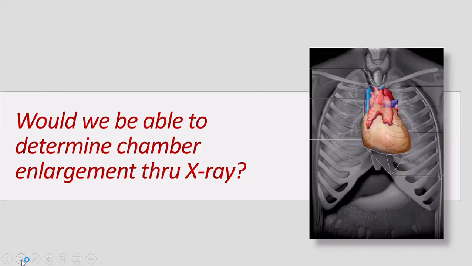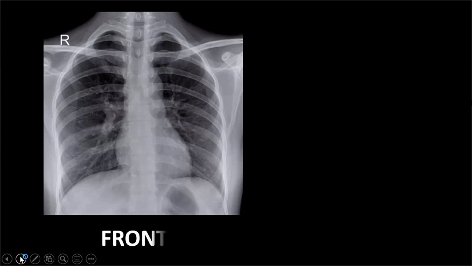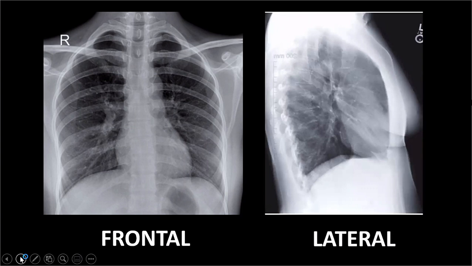Now the question is, would we be able to determine chamber enlargement through X-ray? Can we pinpoint which chamber is enlarged, whether it would be right atrium, left, right ventricle or left? Yes, we can do that, but of course you have to do not only a frontal view but also a lateral view.